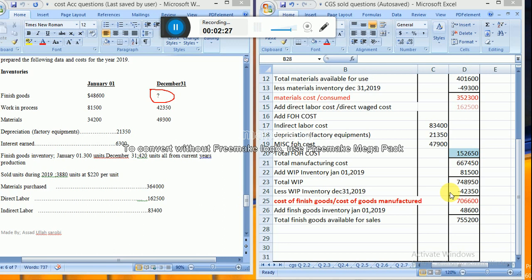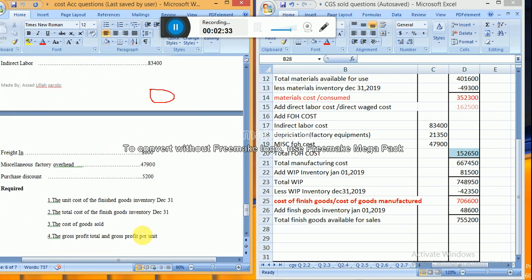Also, in the requirements of the question, the unit cost of the finished goods inventory on December 31st, we need to calculate the unit cost, and similarly in the second requirement the total cost of the finished goods inventory.